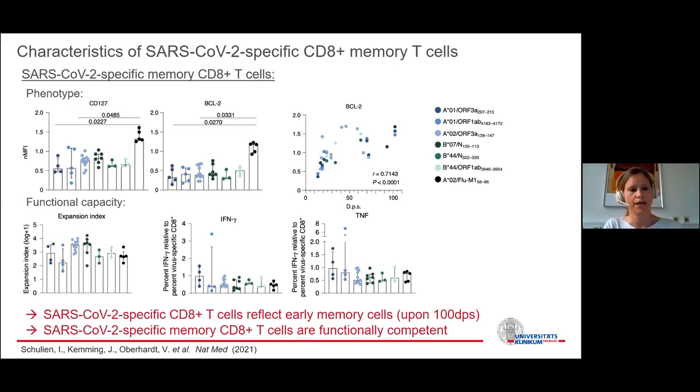And we calculated the expansion index, so how well they expand, and also calculated their interferon gamma and TNF production, important effector cytokines of the CD8 T cells. And we couldn't detect great differences to the influenza specific CD8 T cells. So the SARS-CoV2 specific early memory CD8 T cells are functionally competent.